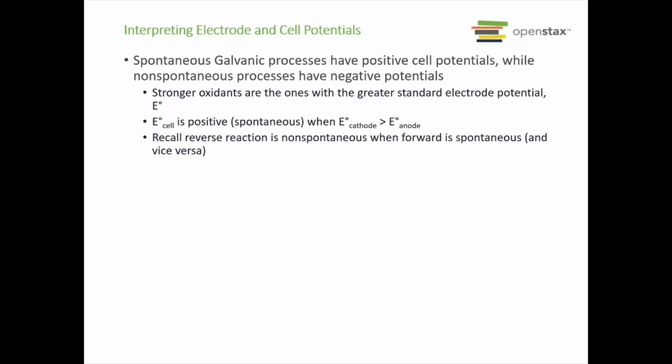If you remember from when we've talked about spontaneous versus non-spontaneous, if your forward reaction is spontaneous, the reverse is non-spontaneous, and vice versa. If your forward reaction is non-spontaneous, your reverse is going to be spontaneous.